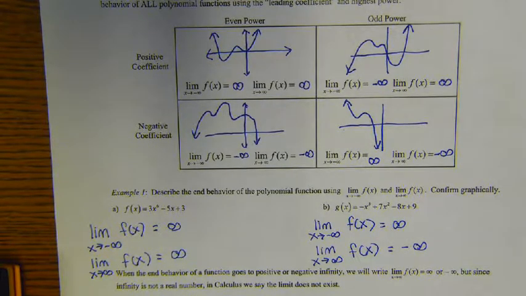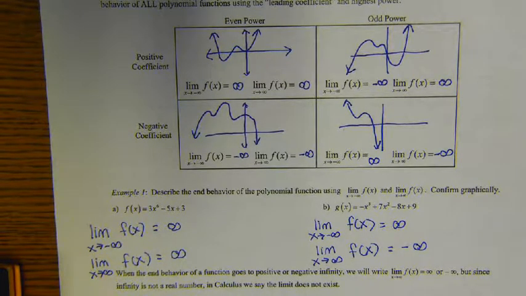The leading coefficient determines in an even function. If it's a positive leading coefficient, then it's pointing up at the end. If it's negative, what happens? Is it going up anymore? They're both going down. Okay. If it's an odd-powered function, if it's a positive end behavior, think of it as like a cubing function going up.